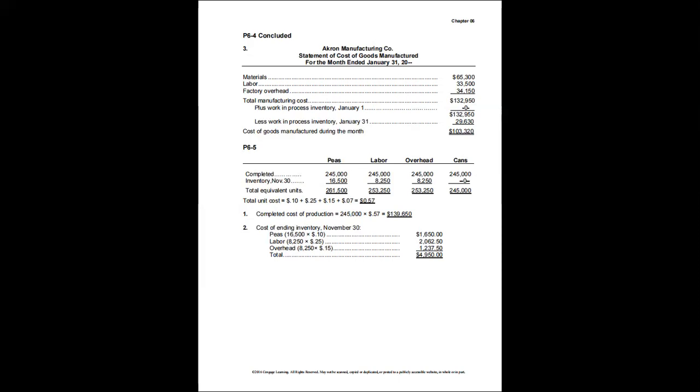That's equivalent production of labor here, multiplied by the per unit of 0.25. And for overhead, 8,250 here, multiplied by the carrying unit cost. So we have now to show the detailed cost of the ending inventory. So this is the requirement of number 2.